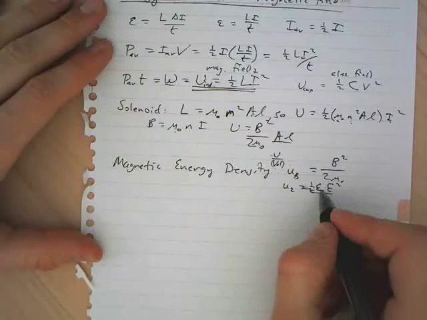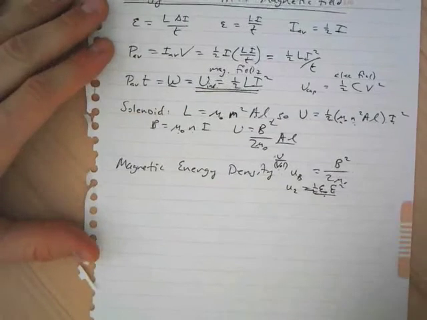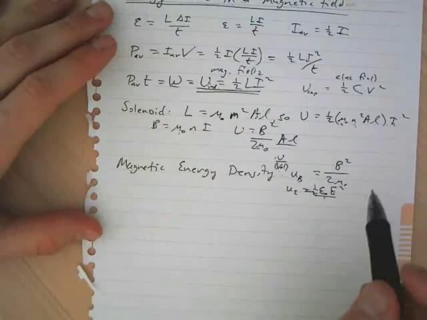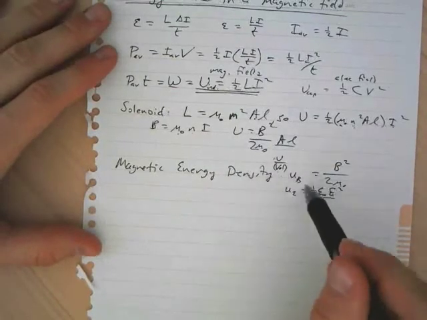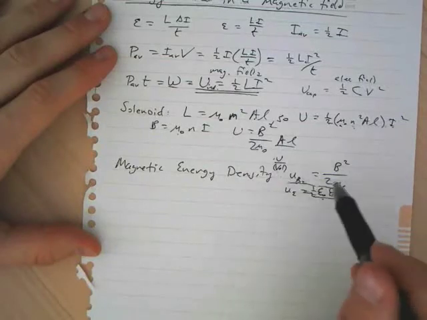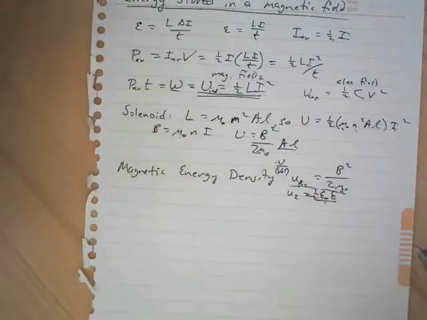So the only difference between these two is the B and the E, and then the mu naught goes in the denominator versus the epsilon naught going in the numerator. So they're very related, and like it was for the electric field, though it was derived for an inductor, this energy density relationship is true for all magnetic fields. So that is the energy stored in any magnetic field.